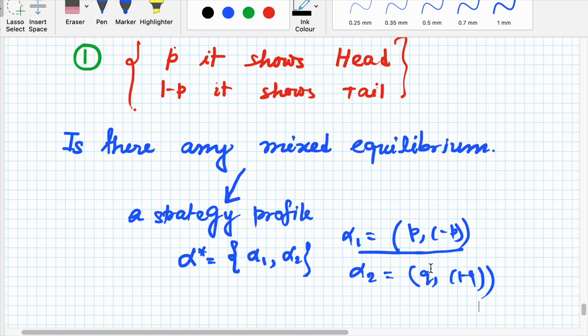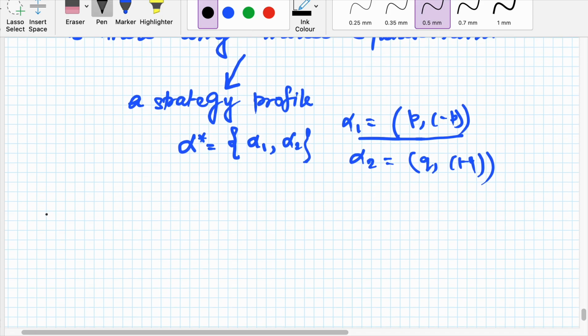To seek the answer, we have to use the concept of VNM expected utility theory.